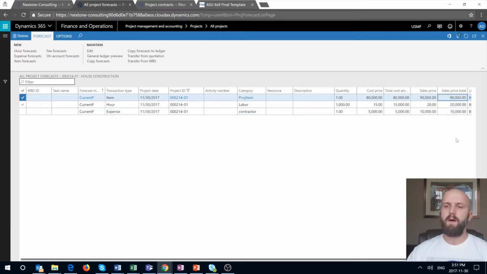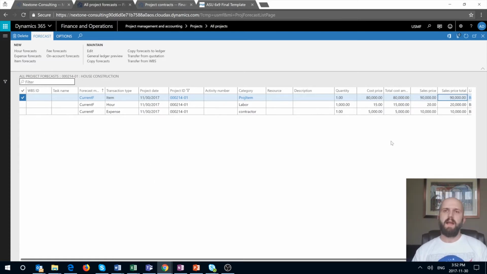If we do the sum of my parts, which is 90,000, my labor, which is 20,000, and 10,000 for contractor expense, we have $120,000 that is an estimated standalone price for my obligation, which is the construction of the custom house.